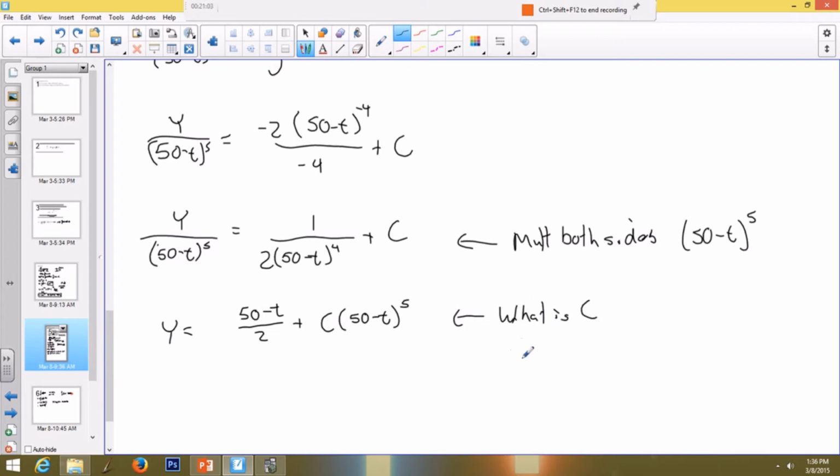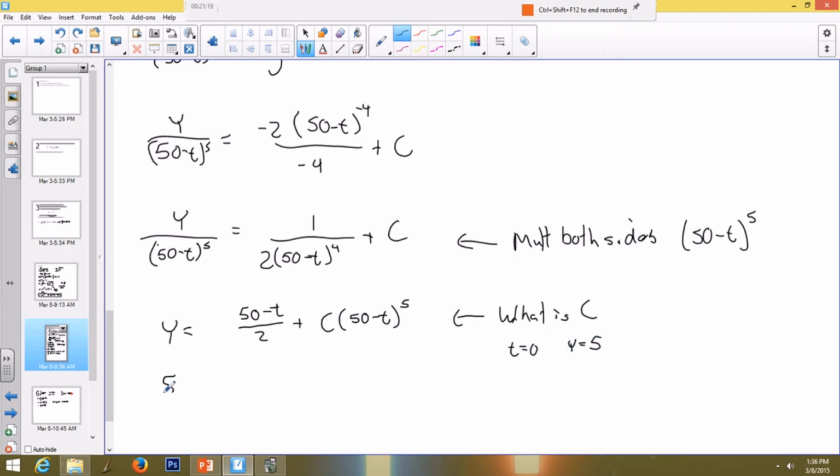Well, I have an initial condition. Remember, at a time of 0, y equaled 5 gallons, because there was 5 gallons of alcohol in that solution at a time of 0.